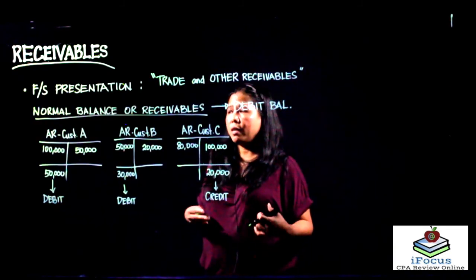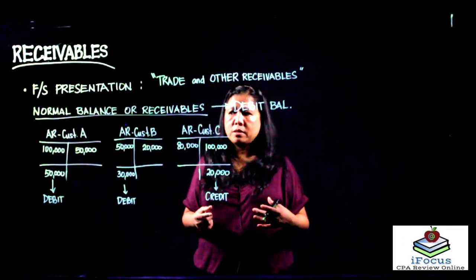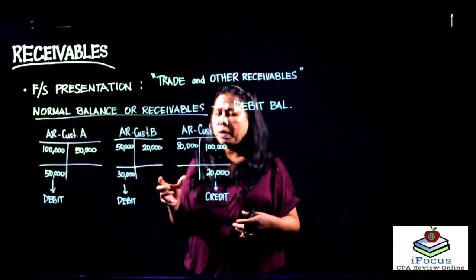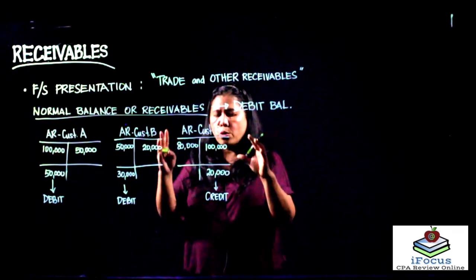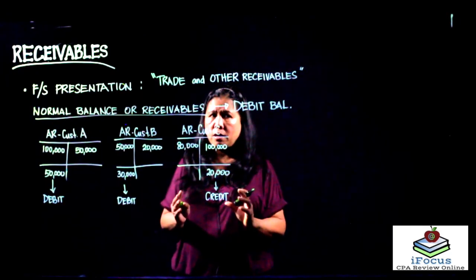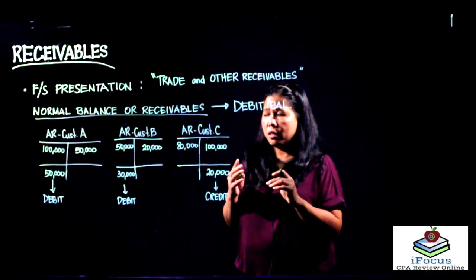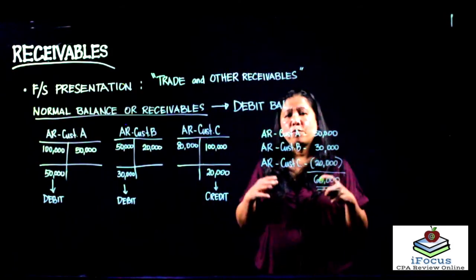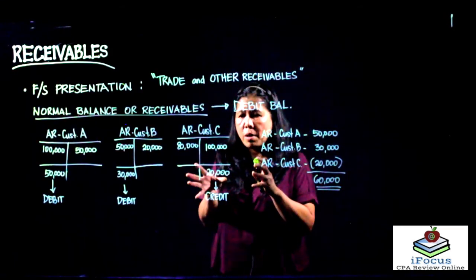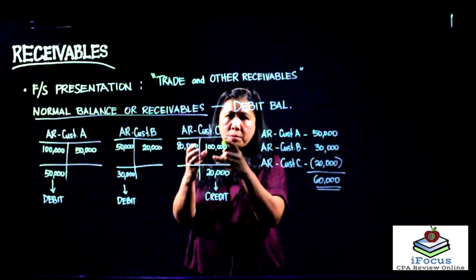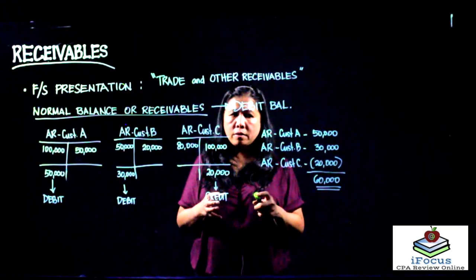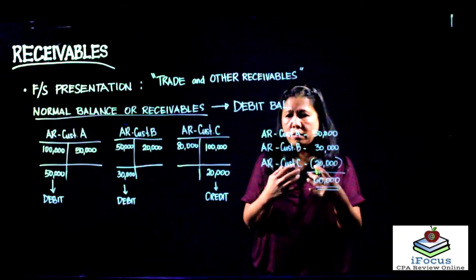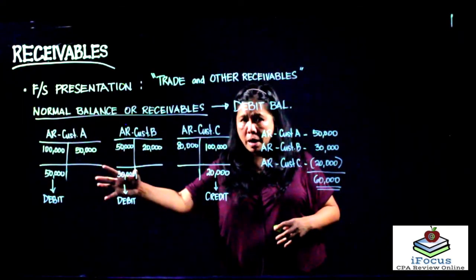So when we present this in our financial statements, our accounts receivable from customer A, customer B, and customer C, if we ignore the credit balance on customer C, then the effect is offsetting this 20,000 credit against our debit balances.